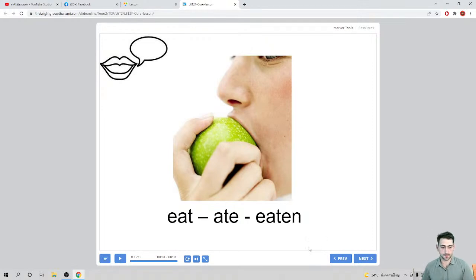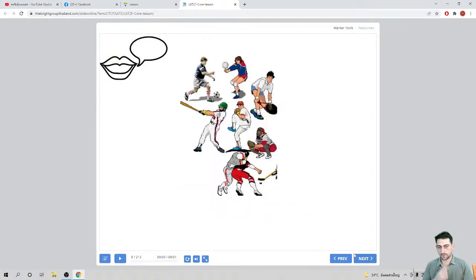Thank you so much. Let's move on to vocabulary word number 4. What can we see in the fourth picture? In the fourth picture, we can see several athletes. We can see several people playing some sports.